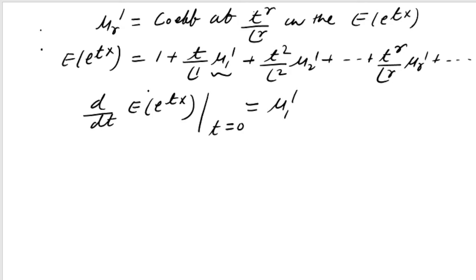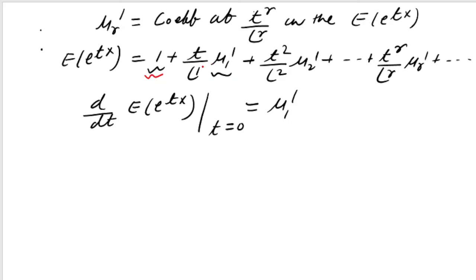Did you realize this? If you differentiate it one time with respect to t, what will you get? Listen very carefully. The constant term will become 0 and the derivative of t will become 1, and you will get mu 1 dash. And if you differentiate the next term, you will get 2t.